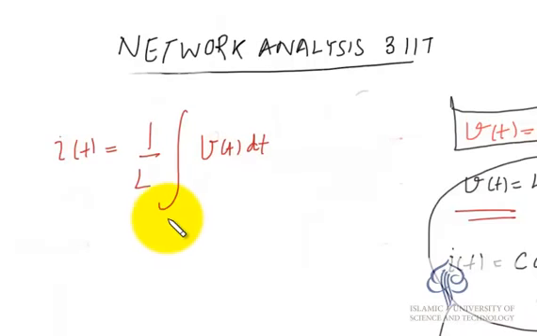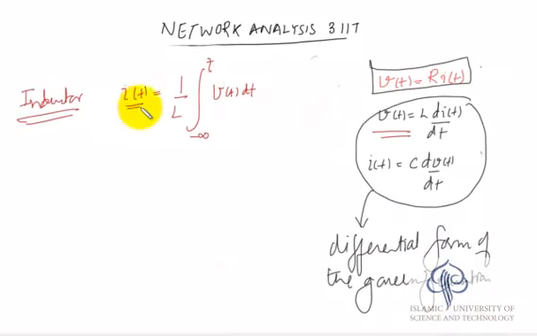And this integration is actually from minus infinity to t. What does it mean? It means that the current at any time t in the inductor is the result of the integration of all the voltages that have been applied from minus infinity to t, to the point t.